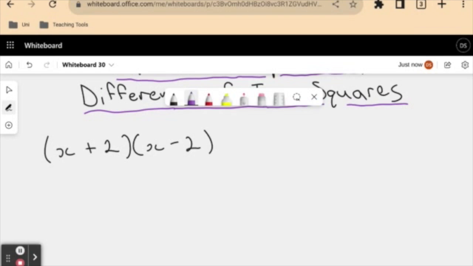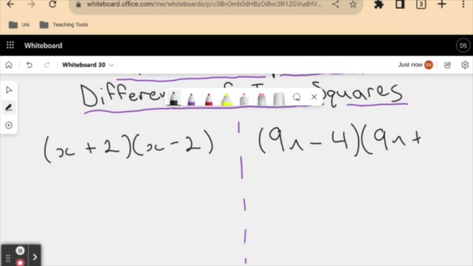Okay? And our next example, let's do 9n minus 4 and 9n plus 4. Okay, cool. Once again, if you'd like to pause the video and practice your expansions, feel free to do so and check back in for the explanation.